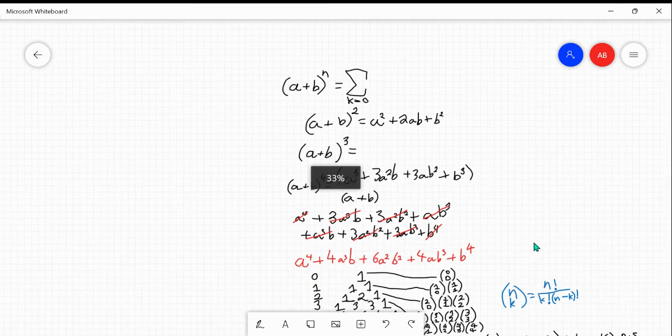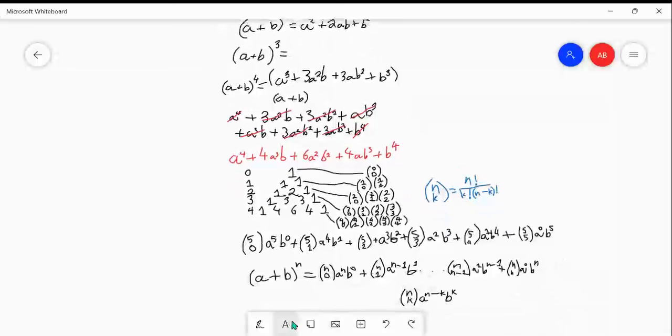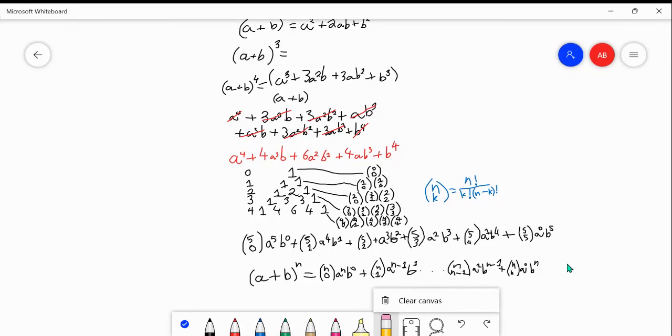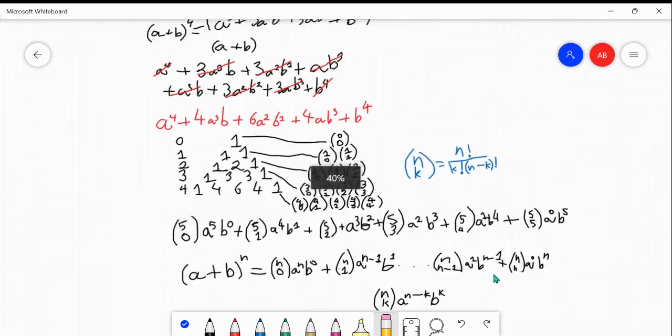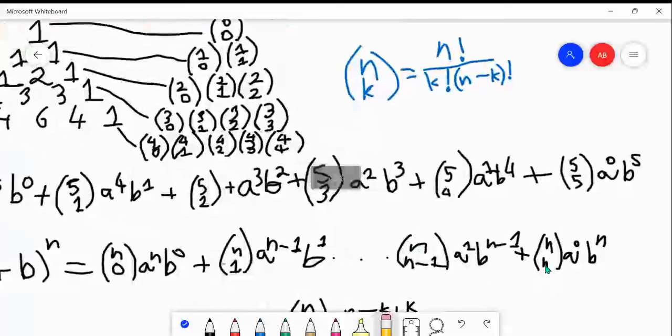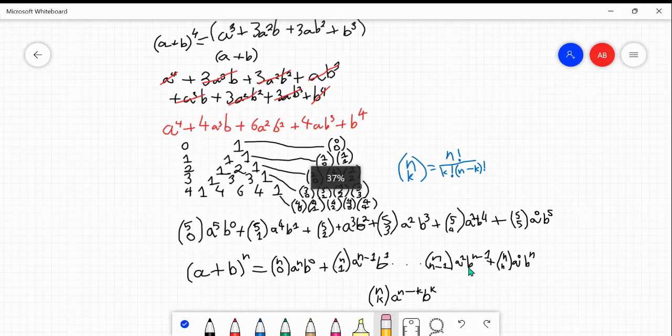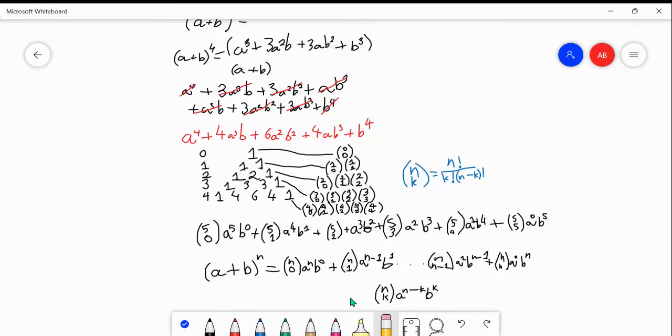All of this previous stuff here is now unnecessary. The general term is all we care about right now. As you can see here, I'm just going to zoom in a little bit. You can see the ending k becomes equal to n, at the beginning at 0. So we know the upper limit is n.